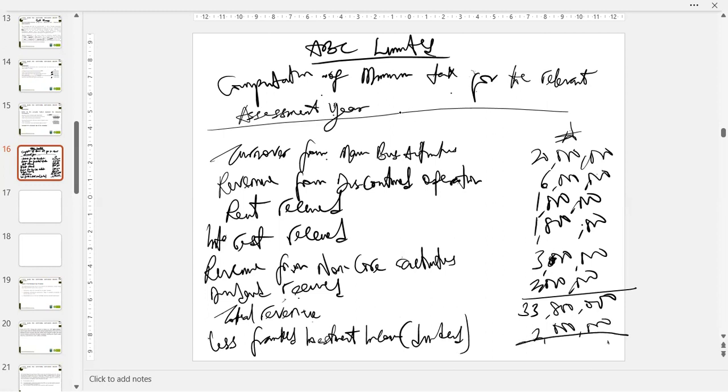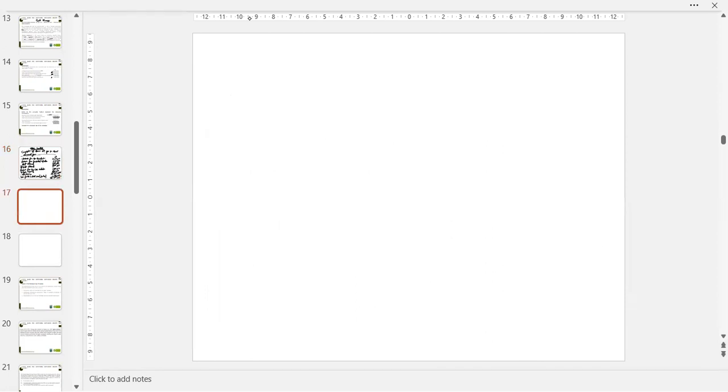So if we deduct that, what do we have? We have 31,800. So 31,800 is our gross turnover.